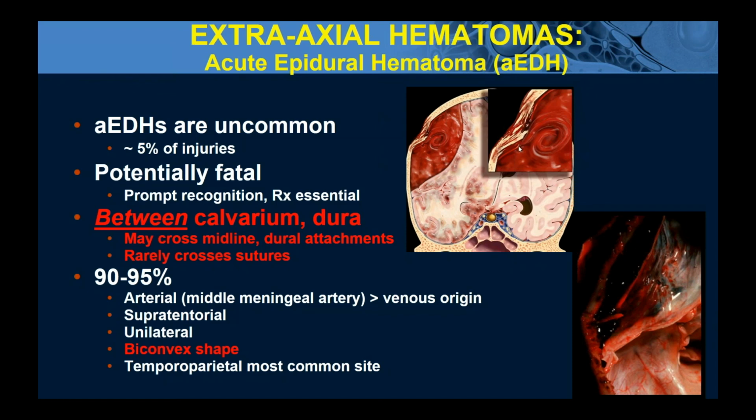The fracture has lacerated it, and we've drawn this swirl of blood, which is extravasation of arterial blood between the skull on the outside and the dura on the inside.